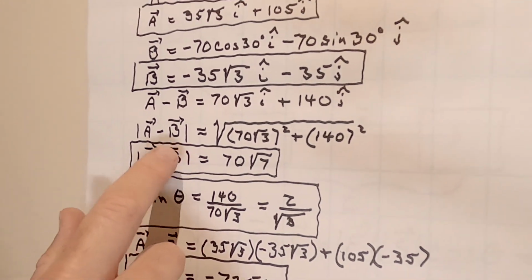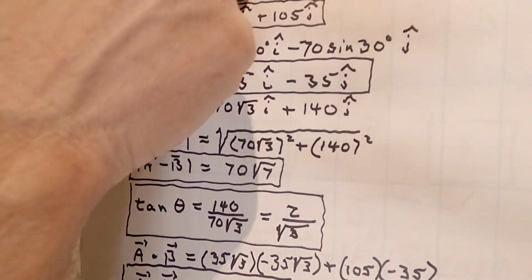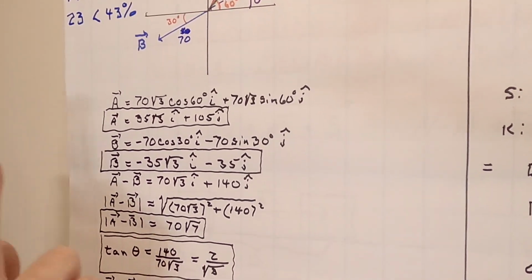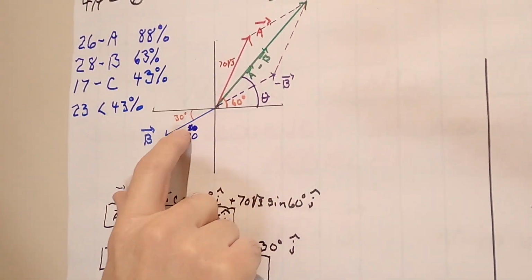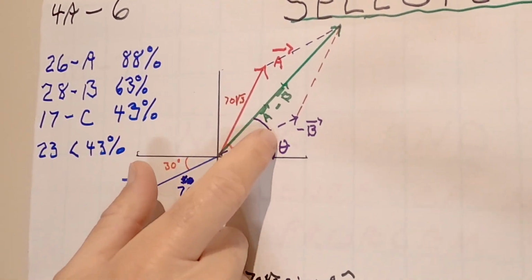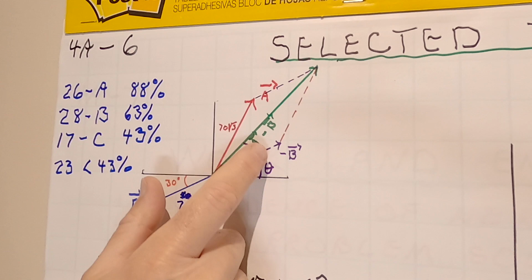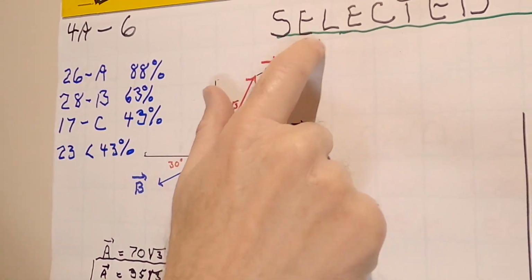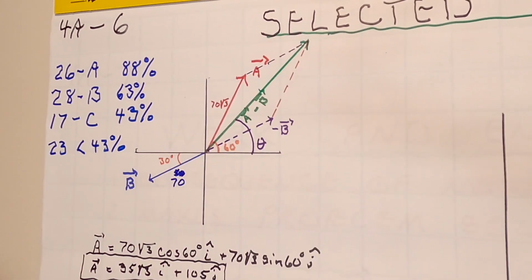I also asked the tangent of the angle of A minus B. Well, first of all, where was A minus B? There is B. Minus B was exactly on the opposite side, so we really just had to add these two together. A and minus B would be this green vector all the way out to there.